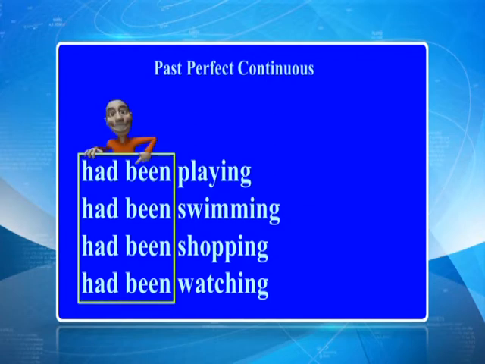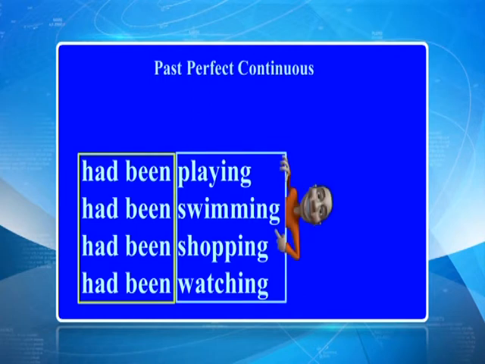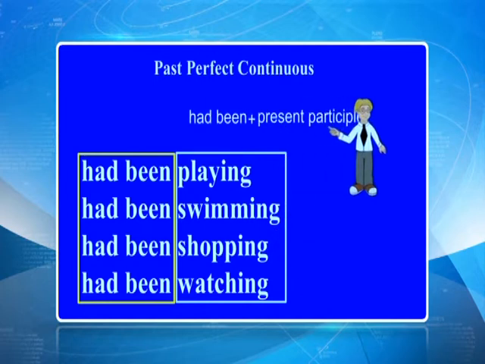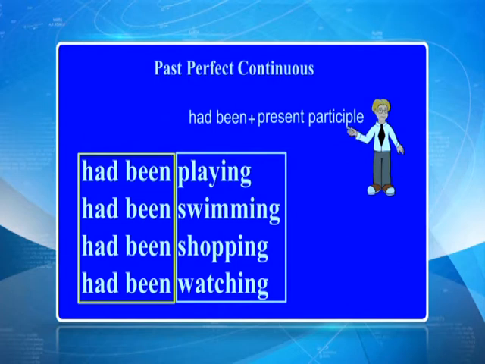Notice that all these verbs start with the auxiliary had been, plus the present participle of the main verb. So to form the past perfect continuous, we use had been plus the present participle. And the present participle, by definition, means the base form of the verb followed by ing.